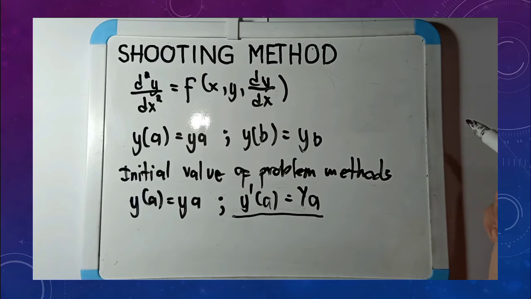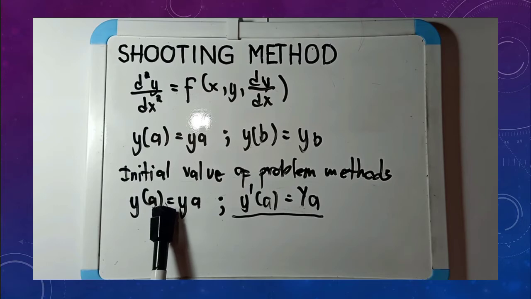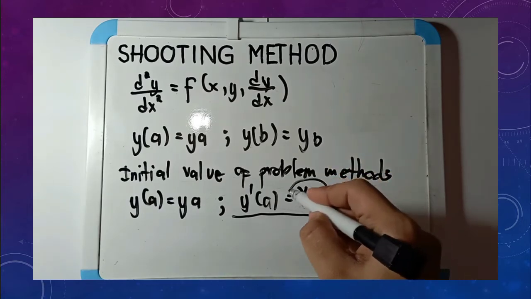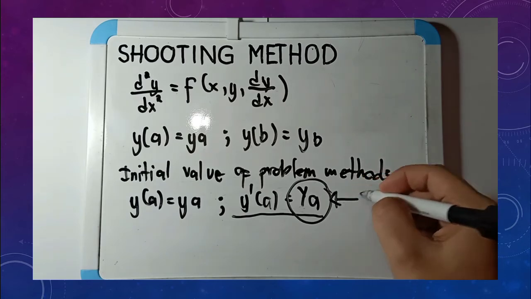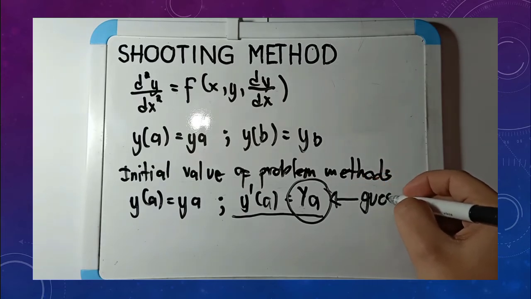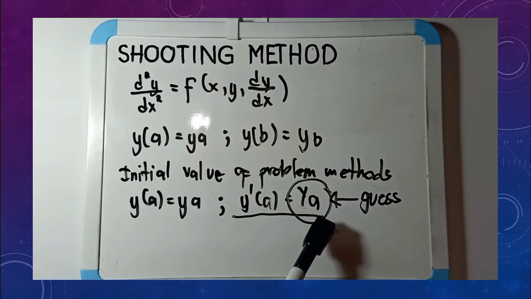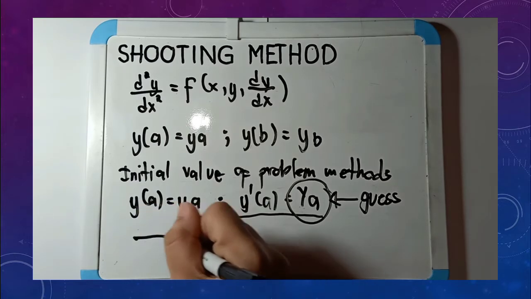So now, we are going to use this as our initial value, and in this part, we are going to guess, meaning we are going to guess the value of this one right here. In order for us to do that, we will go from a to b.